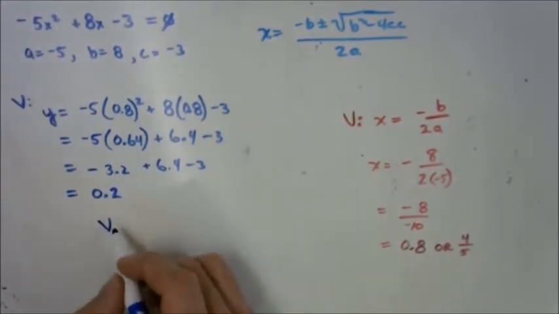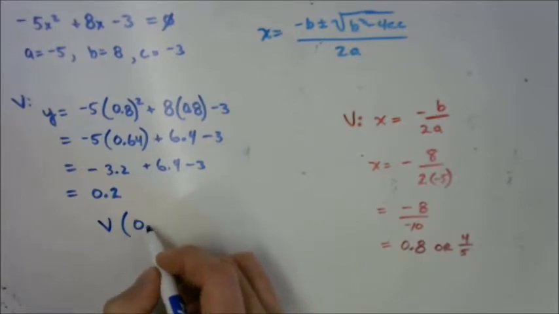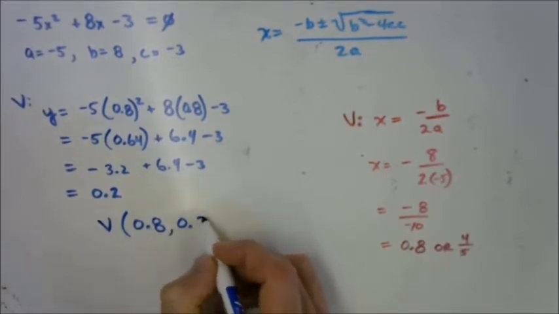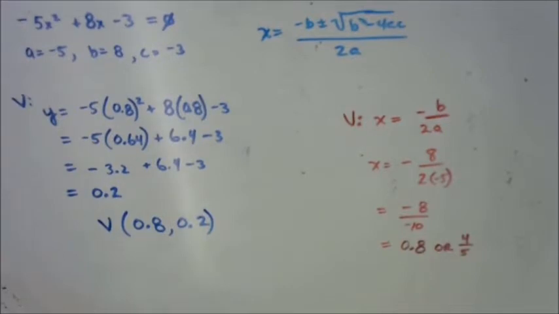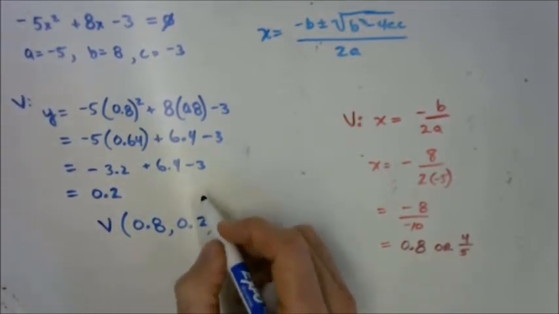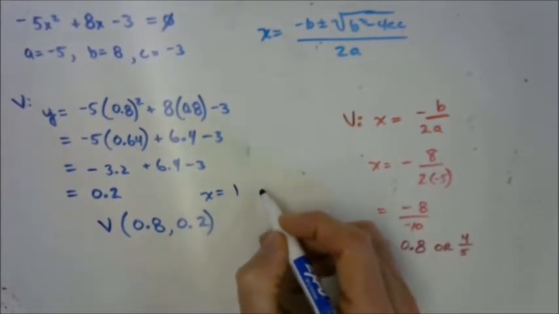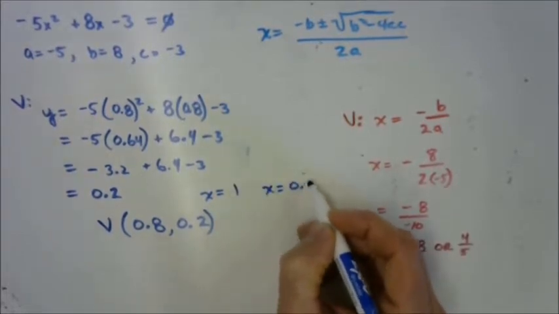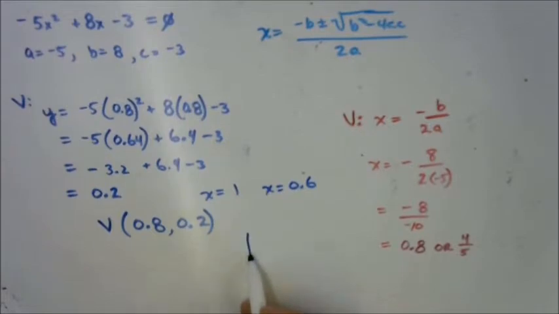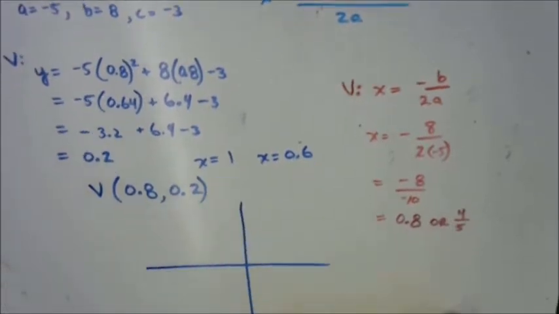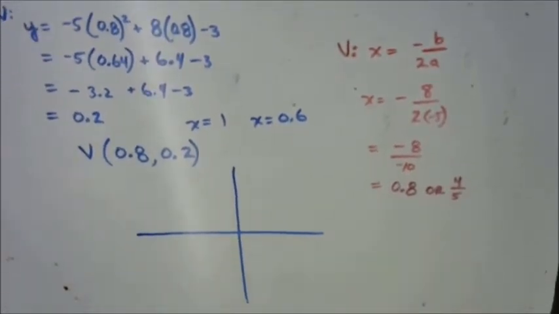So, the vertex is found at 0.8, 0.2. We have both of our x-coordinates. They were our x-intercepts, where x equals 1 and x equals 0.6. And now we can sketch a graph of this parabola using information that we have.